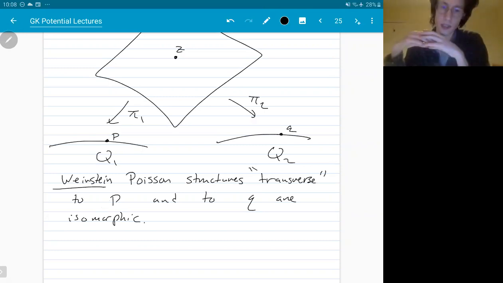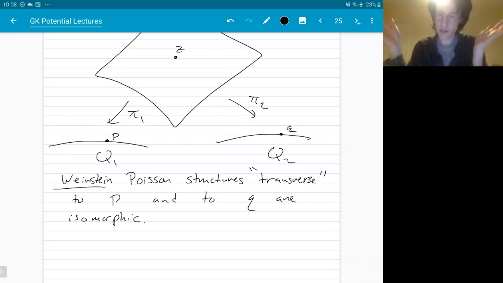So the picture globally is that the Morita equivalent Poisson manifolds have the same global space of symplectic leaves, and locally the difference between them is that you've added a symplectic direction.